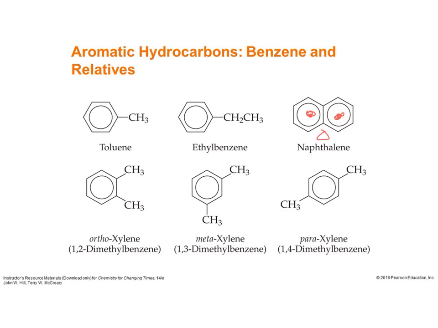Naphthalene is actually 2 benzene rings attached together. Then you've got orthoxylene, and you can see here paraxylene. What you can see is all the things that we can do with that benzene molecule by removing a hydrogen and attaching things to it. Lots of other compounds can be based and built on this benzene background.